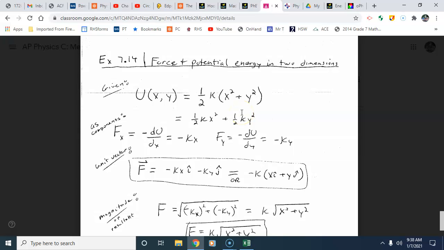Does that make sense? So therefore, that disappears when doing this part of it. And then we just got a simple power rule here, right? Do the power rule. 2 comes down, cancels the 1 with the 1/2. Remember, we're doing the negative derivative because of the restoring force thing. And negative kx. Easy derivative, right?